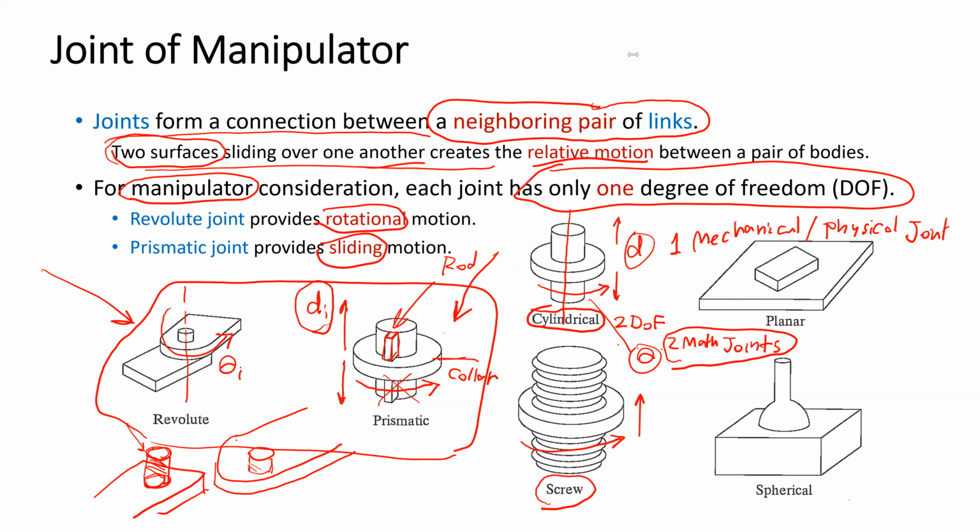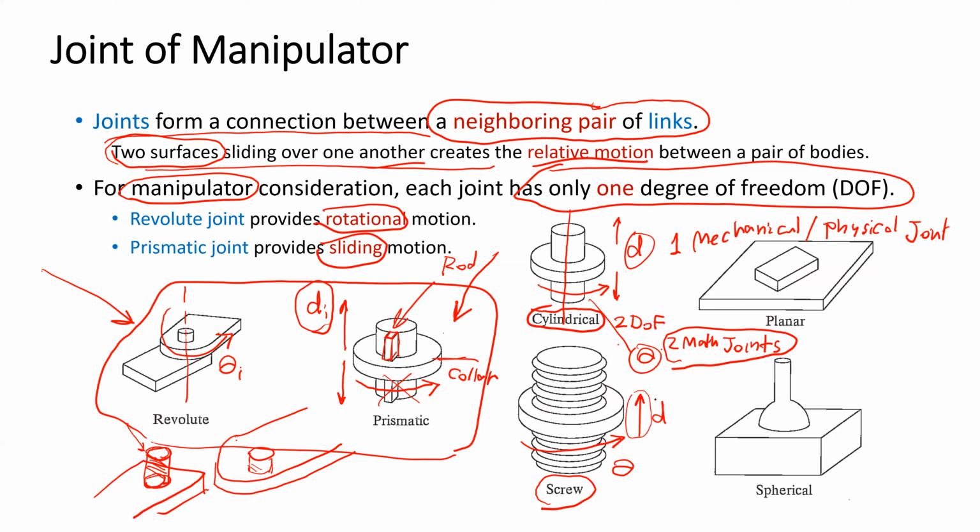Yes, I am here. Trywit, how many degrees of freedom of the screw joint? 1. Okay. 2? Okay, the screw joint we can rotate with the theta, and we also can see the displacement in the vertical direction.